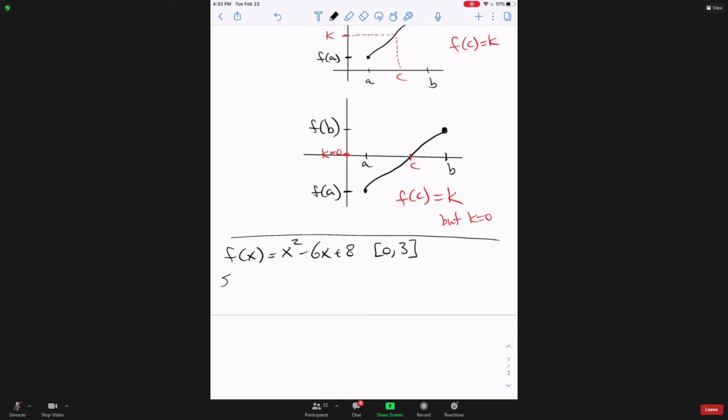Show that the intermediate value theorem applies and that there is a C on 0, 3 such that f of C equals 0.